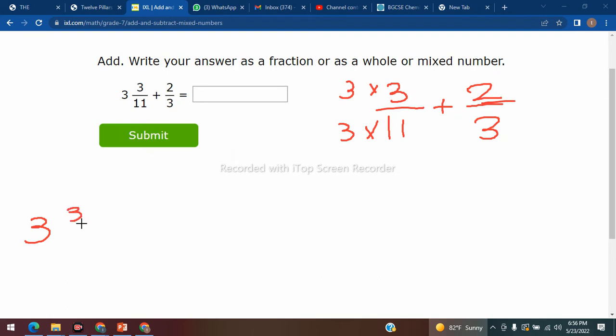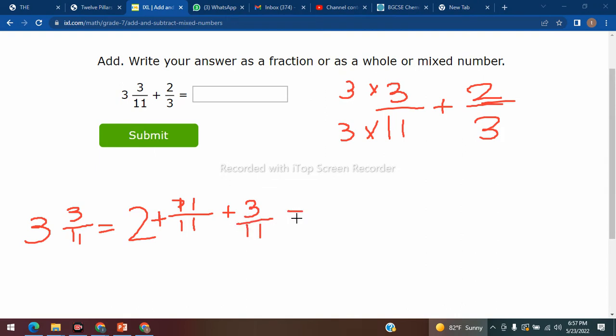3 and 3 over 11 equals 2 and 11 over 11 plus 3 over 11.